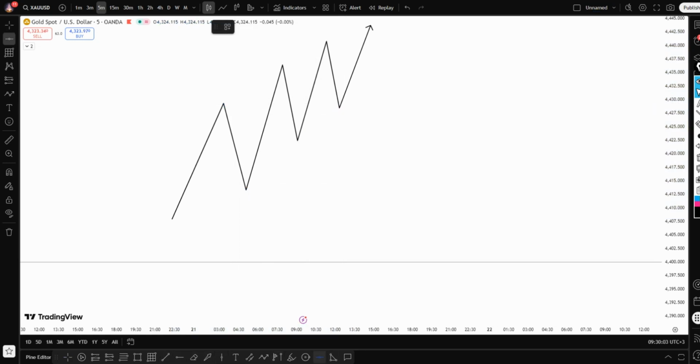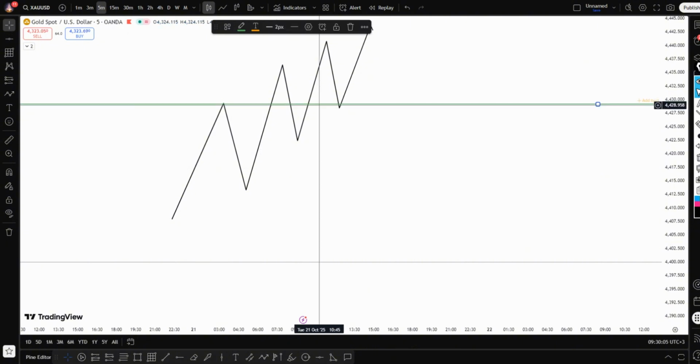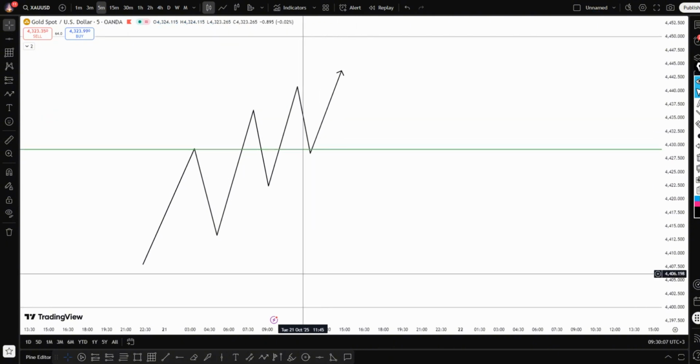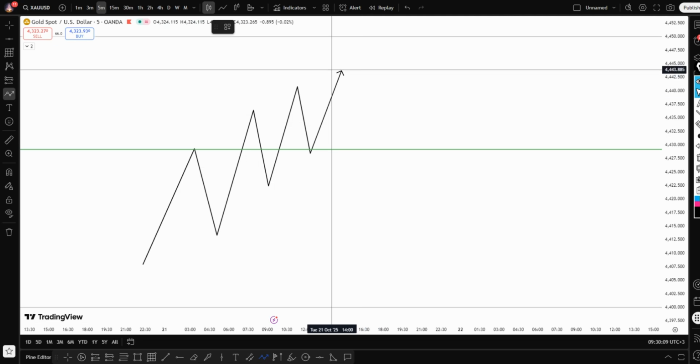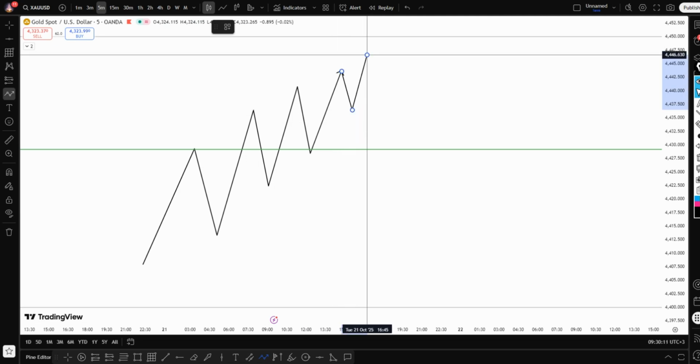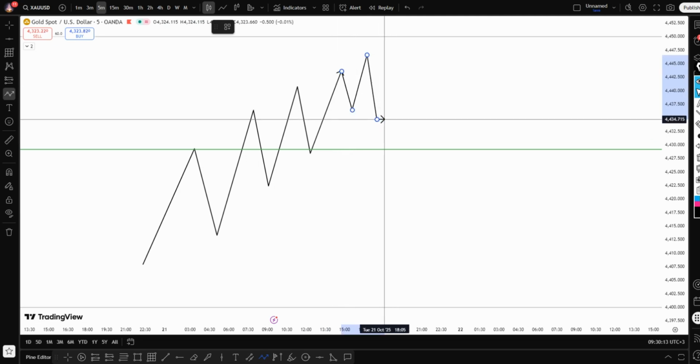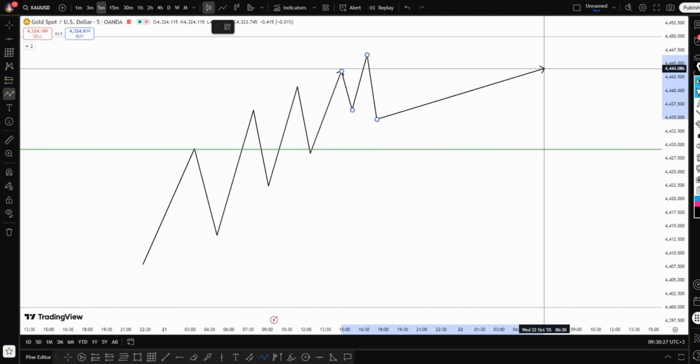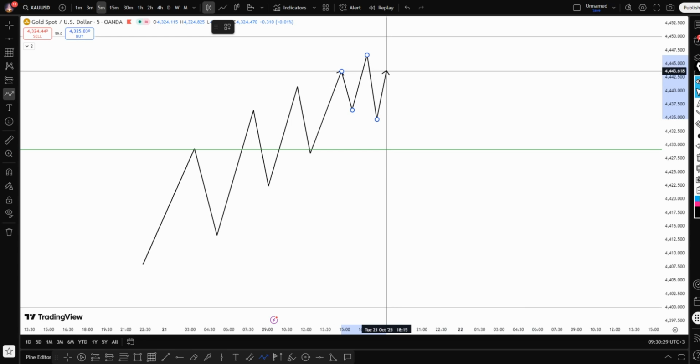So if the price now changes its delivery and starts downtrending, we know that people who trade support and resistance areas always put their entries at support and resistance areas. So support and resistance areas are where we target our price to go. That's one way of targeting where our price goes.